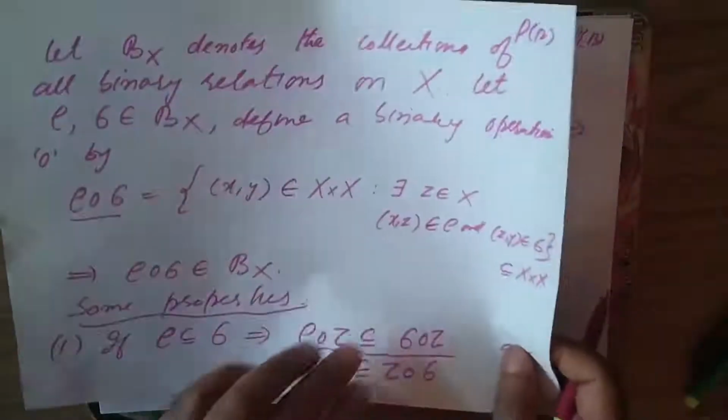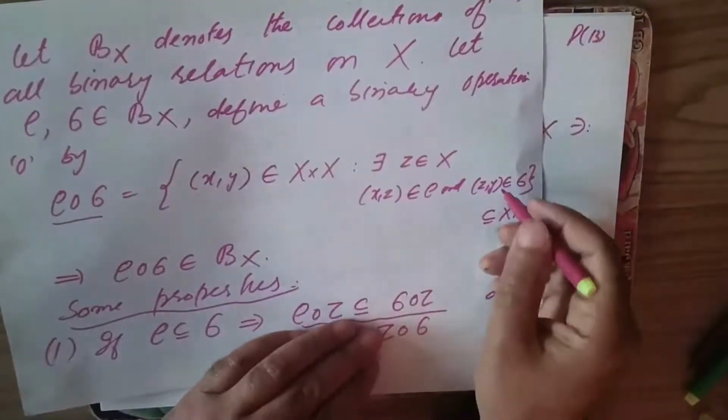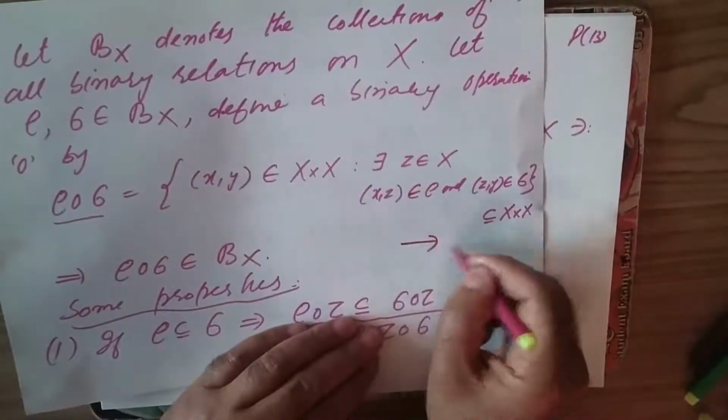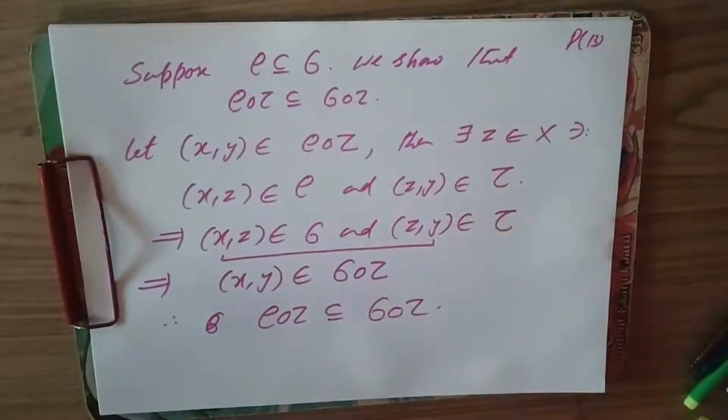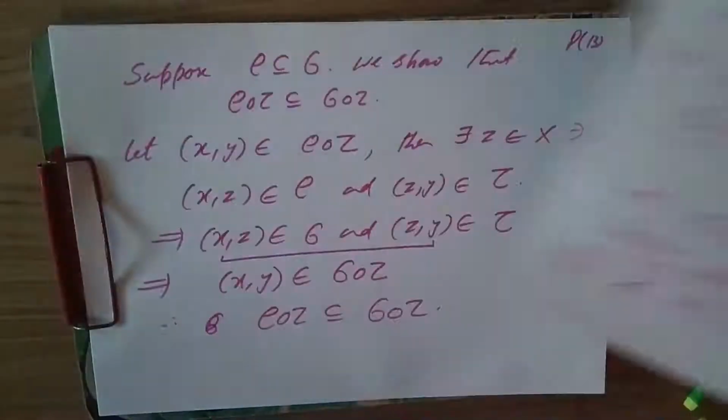So let's name this binary operation. Let's denote it by star. Next we try to show that B(X) forms a semigroup with respect to this binary operation star.